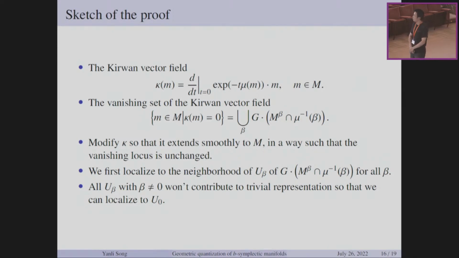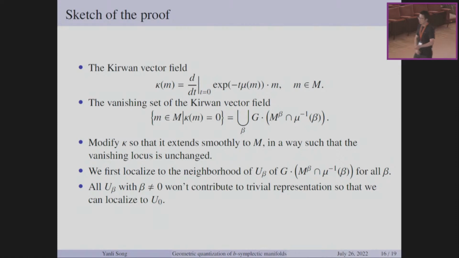So if you want to compute the multiplicity of the trivial representation of the quantization, you only need to localize to U of 0. U of 0 will be the neighborhood of mu inverse of 0. So that is how you do the localization to mu inverse of 0.